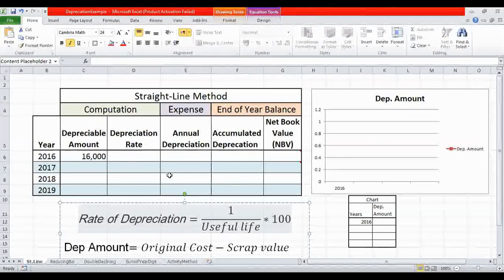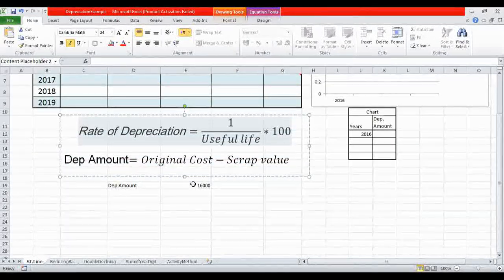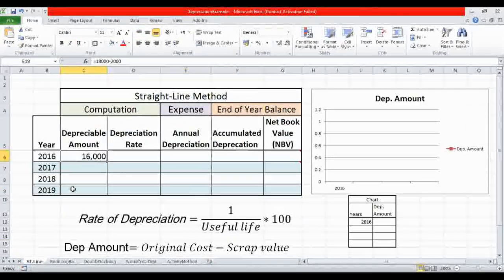So the 16,000 which we just calculated, we have written over here. 16,000 is our depreciable amount. Now we need to calculate the depreciation rate. We have discussed this many times that the depreciation rate for the straight line method is 1 over useful life times 100.